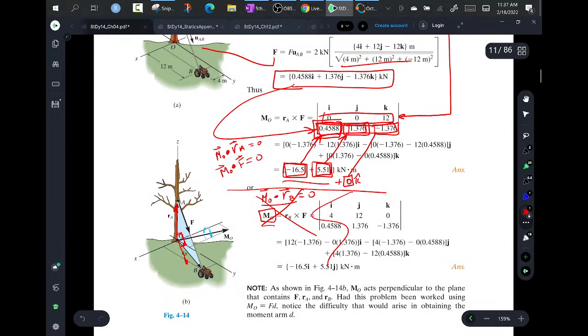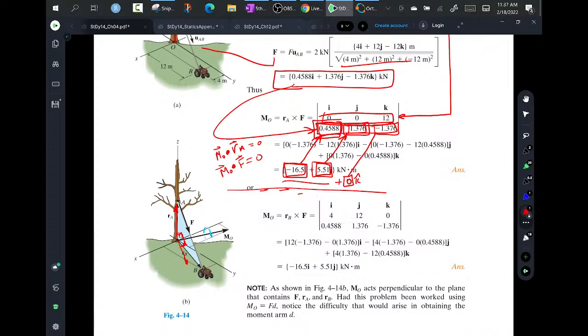Why do I not like this one? Here's the reason I don't like this one. It is true, what he's saying is true, but I don't like it because he's drawn it as though the force existed right here, and the vector is drawn to right here.